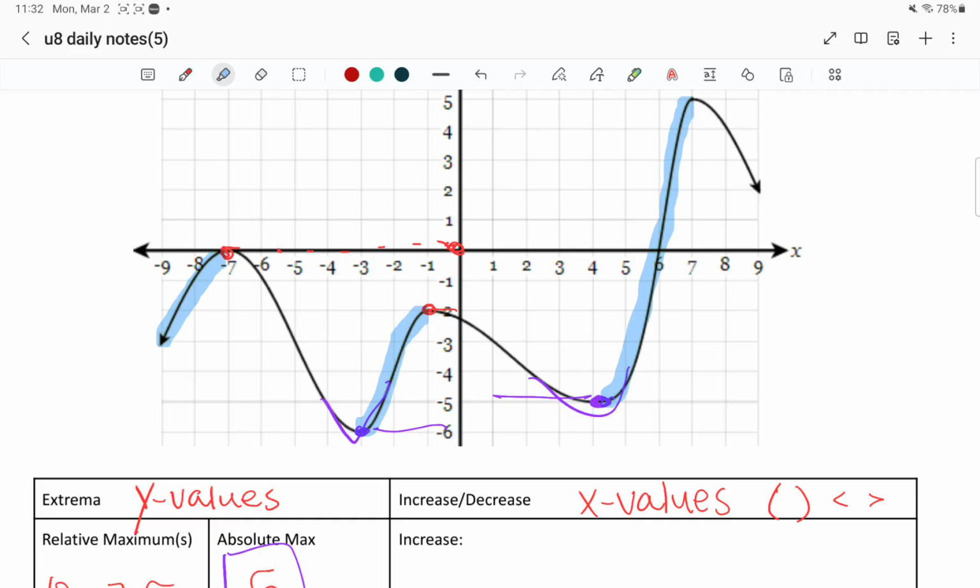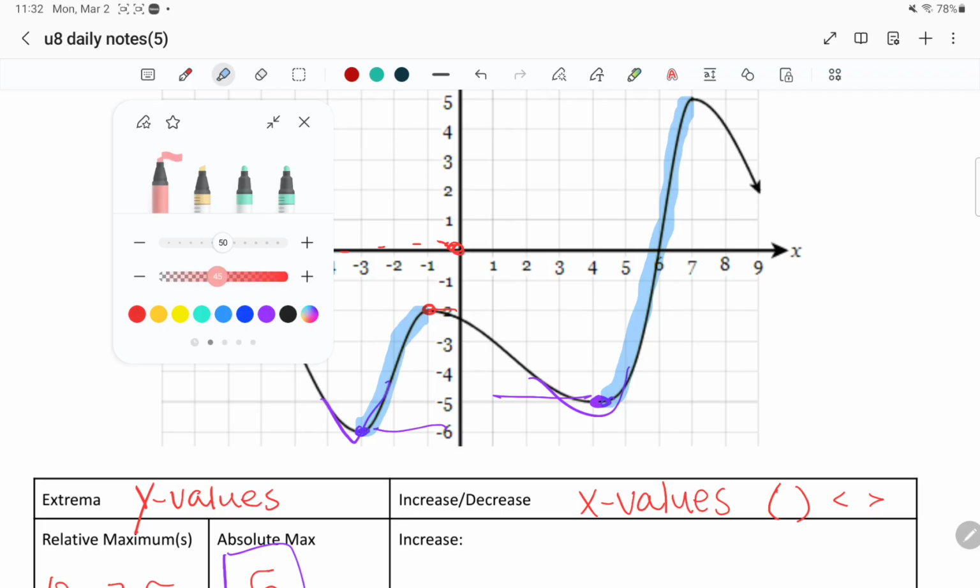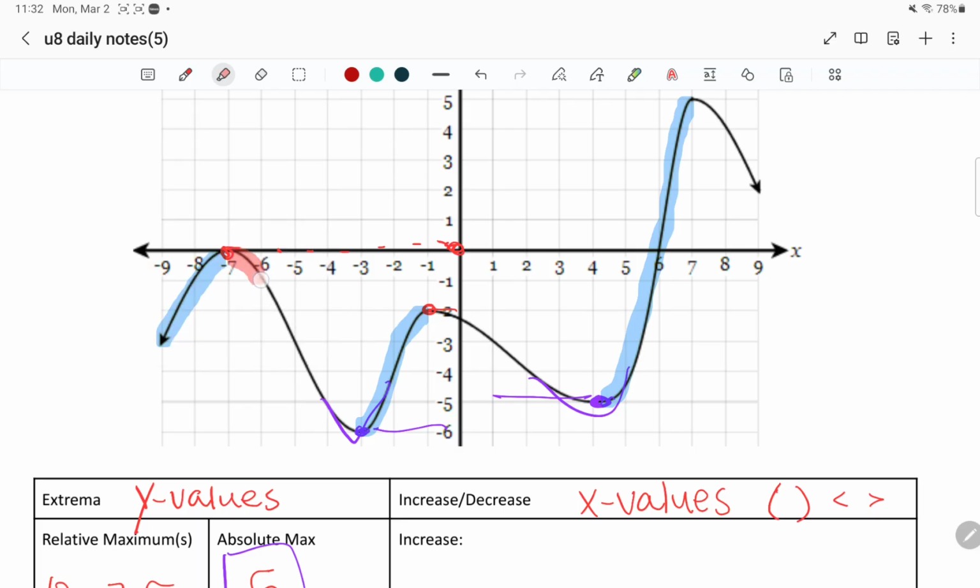So notice if I drew a straight line right here, trying to line it up, it would be a positive slope. Okay. Decreasing is when you're losing money, when your money is decreasing, or when the slope is negative.